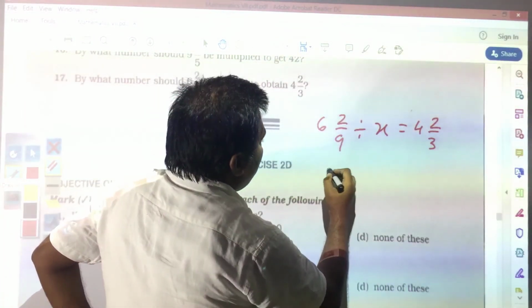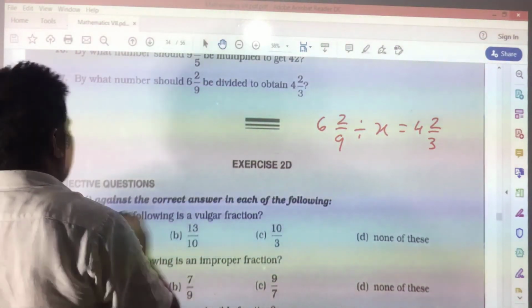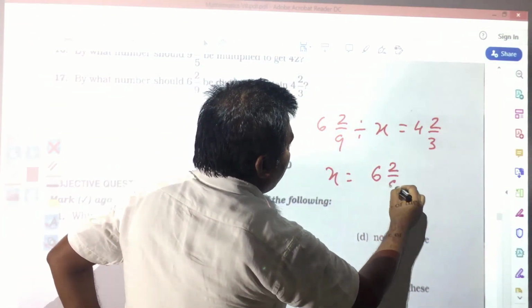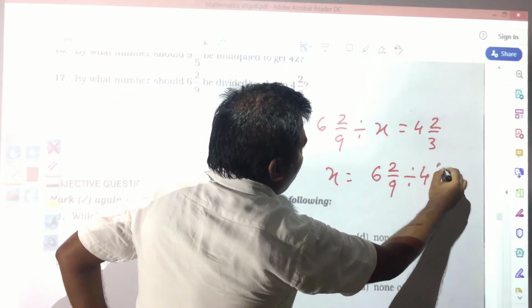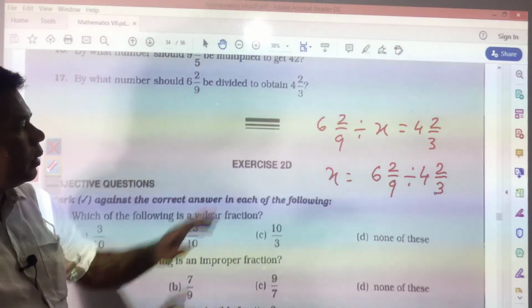This x will be 6 whole 2 by 9 divided by 4 whole 2 by 3. This you simplify, you will get the answer.